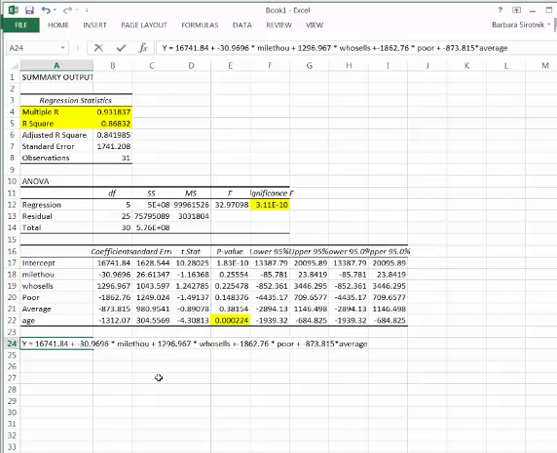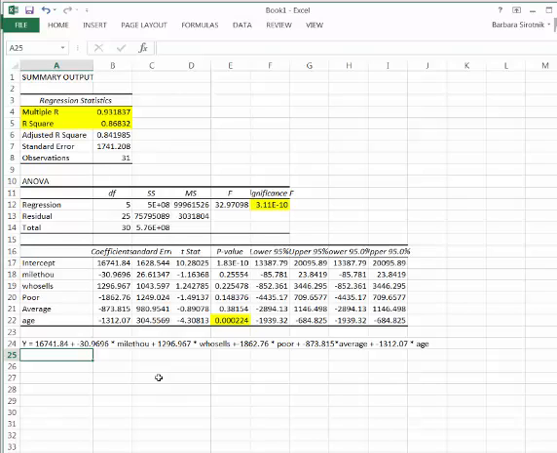And then finally we get to the thing that's actually good, my negative 1312.07 times age.